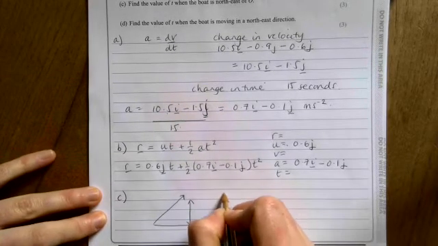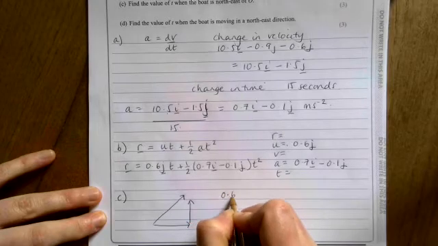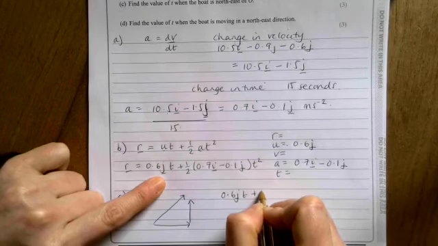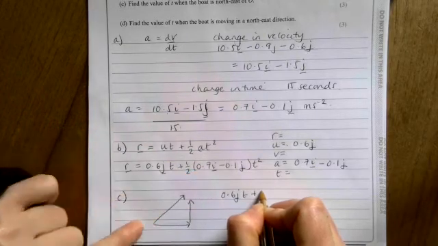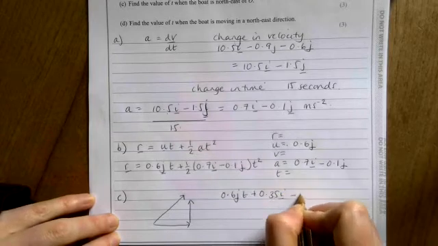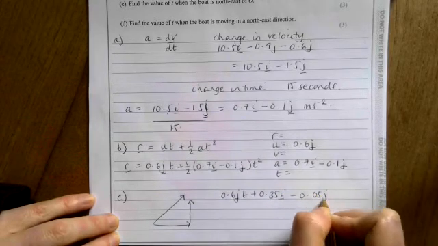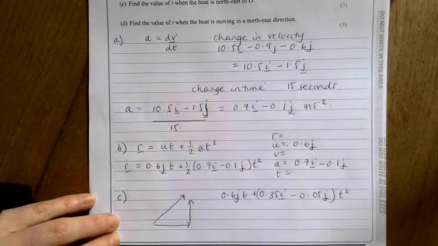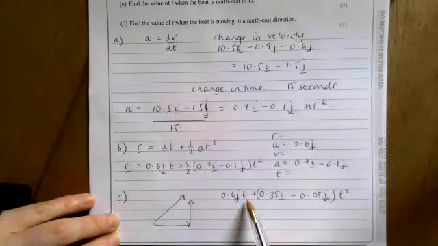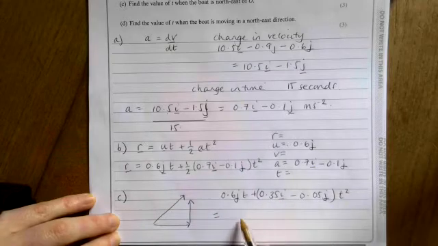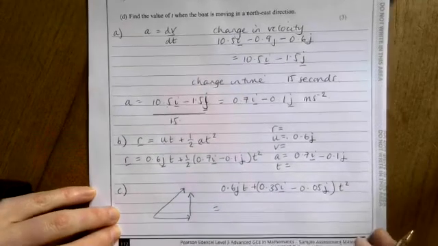So 0.6jt plus, I'm going to expand this, 0.35i take away 0.05j t squared. Now I'm just going to rearrange this so that I have the coefficients of i together and then the coefficients of j together.